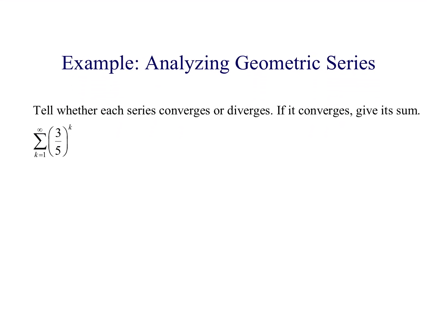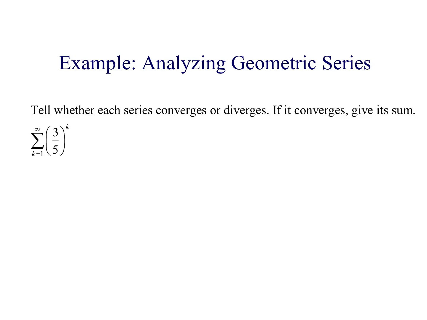Okay, here's another one. We recognize this, again, as a geometric series because it's got the power and it's got the fraction. And we can tell that the terms are going to be 3/5 plus 9/25 plus 27/125 plus 81/625 ... Now, what will happen when we recognize that this is geometric and the r is 3/5.